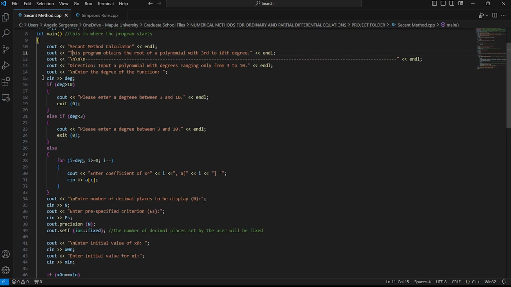The first input is the degree of the function. Please enter the degree of the function between 3 and 10.